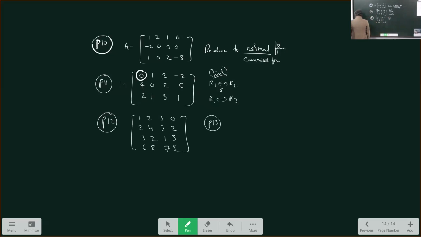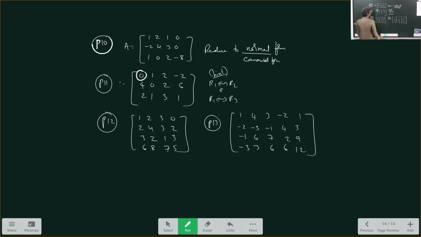P13: [1 4 3; -2 1 -2; -3 -1 4 3; -1 6 7 2 9; -3 3 6 6 12]. Just for the practice I'm increasing the order, that's all.